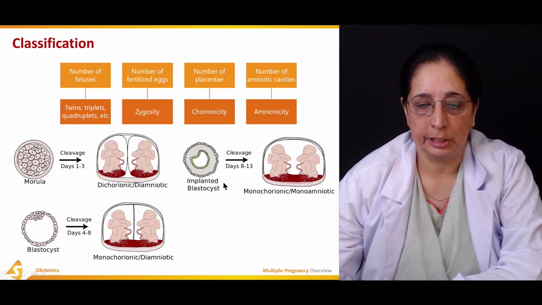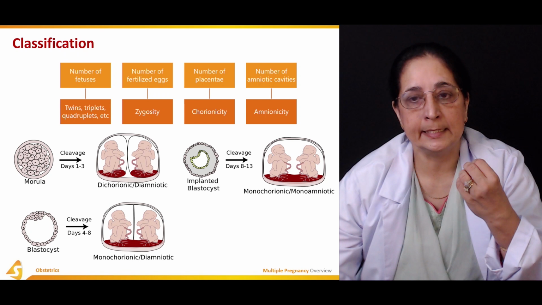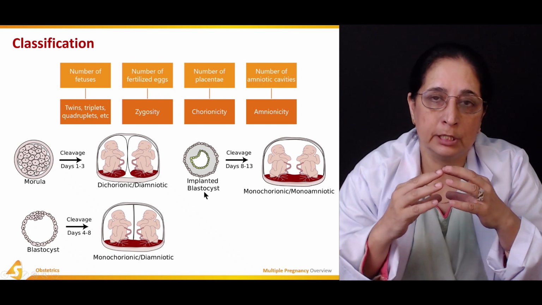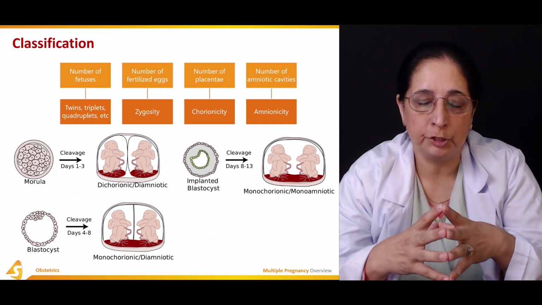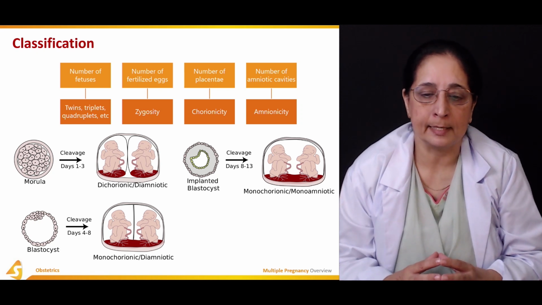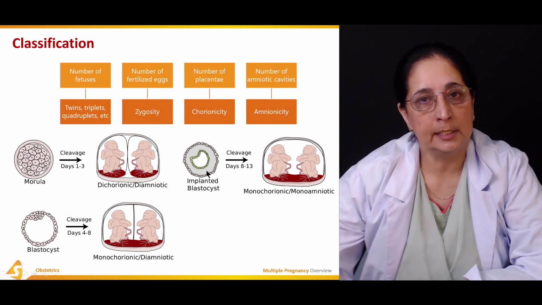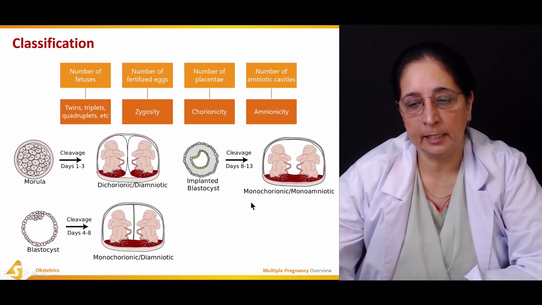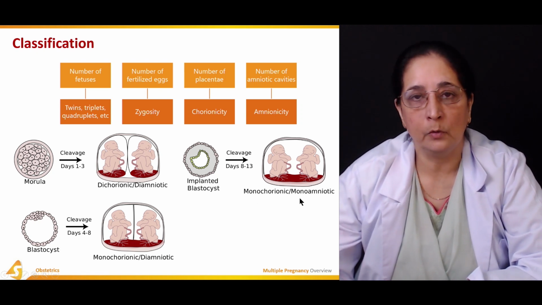Then in the third stage, once the blastocyst is formed, it gets embedded or implanted in the endometrium. Implantation of the growing embryo takes place in the endometrium of the uterus. So once the blastocyst is implanted in the uterus, cleavage at that stage, which is day 8 to 13, gives the twin pregnancy which is monochorionic, monoamniotic.